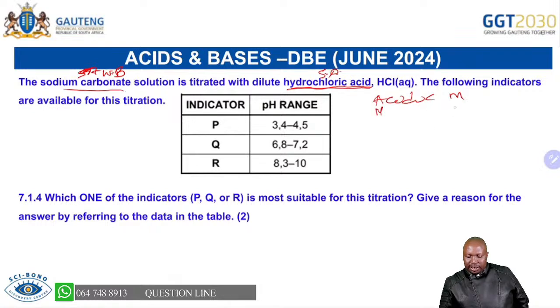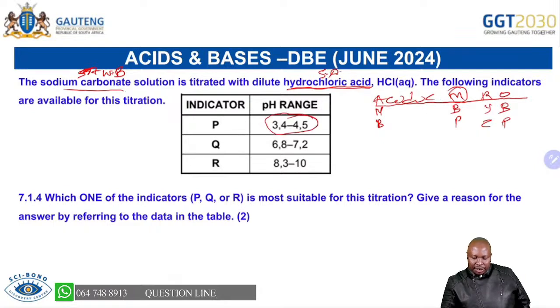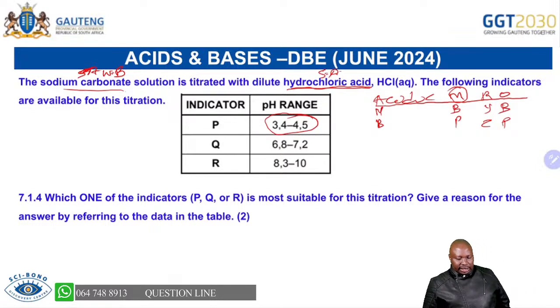If it's neutral, we'll use bromothymol blue. If it's basic, we'll use phenolphthalein. The color changes from red to orange, from yellow to blue, from colorless to pink. So we are here at acidic, so we'll use methyl orange, which is the first range there. Methyl orange is the type of indicator that we'll use.